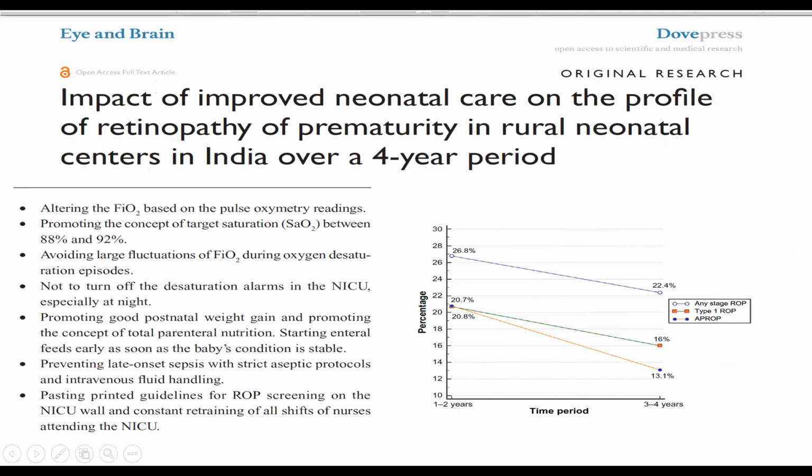They avoided large fluctuations in the FiO2, and they promoted good postnatal weight gain, promoted parenteral nutrition, maintained strict asepsis protocol, and this all helped in decreasing it.